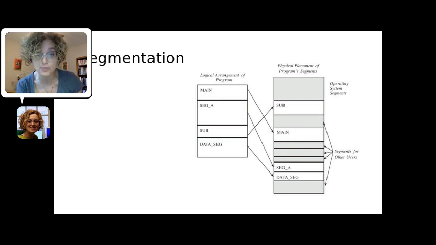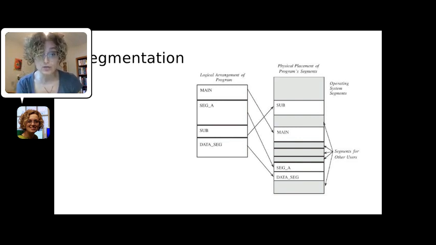You have a main in your program and then different segments, data segments, or segments A, B, and C. This is a logical arrangement of a program, but the nice thing with segmentation is that it produces the effect of an unbounded number of base and bound registers.